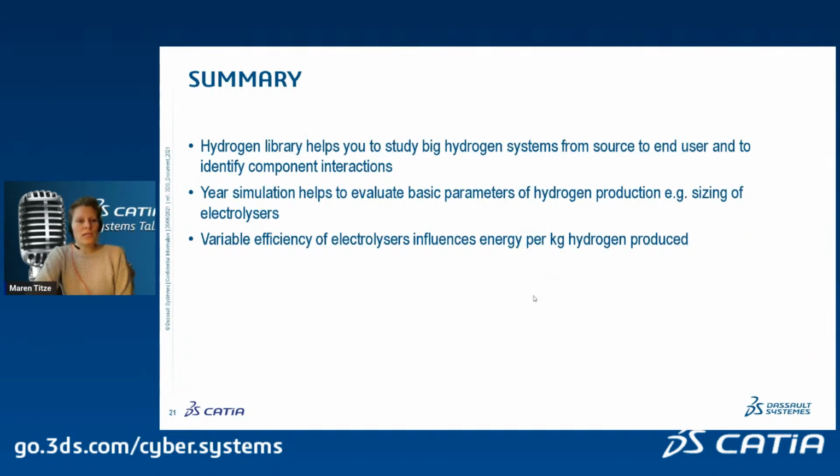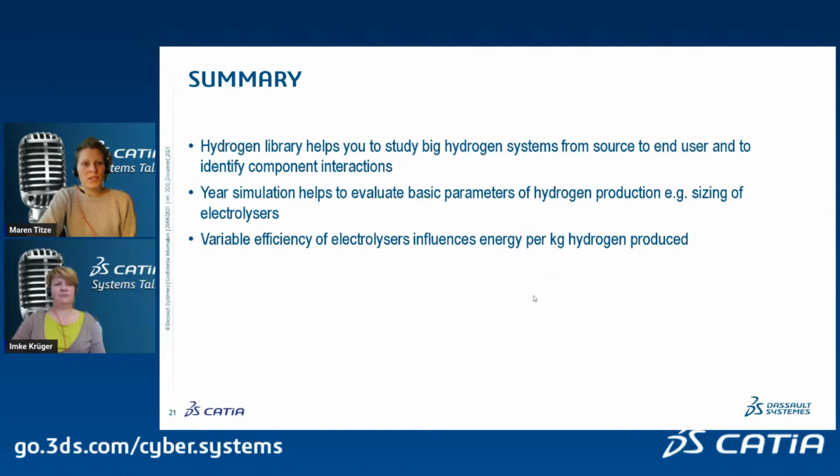And now we are already at the end of our presentation. So what you learned today is that the hydrogen library helps you to study big systems for hydrogen production, from source to end user, and to identify component interactions.